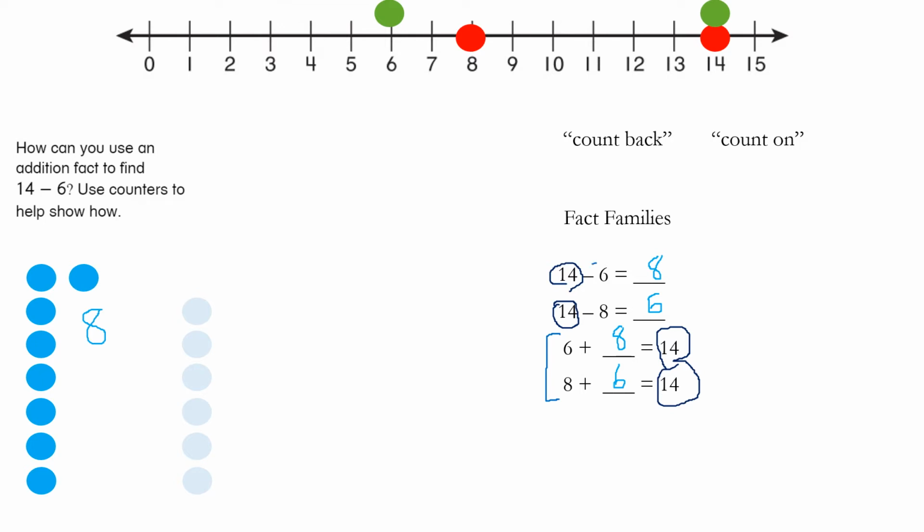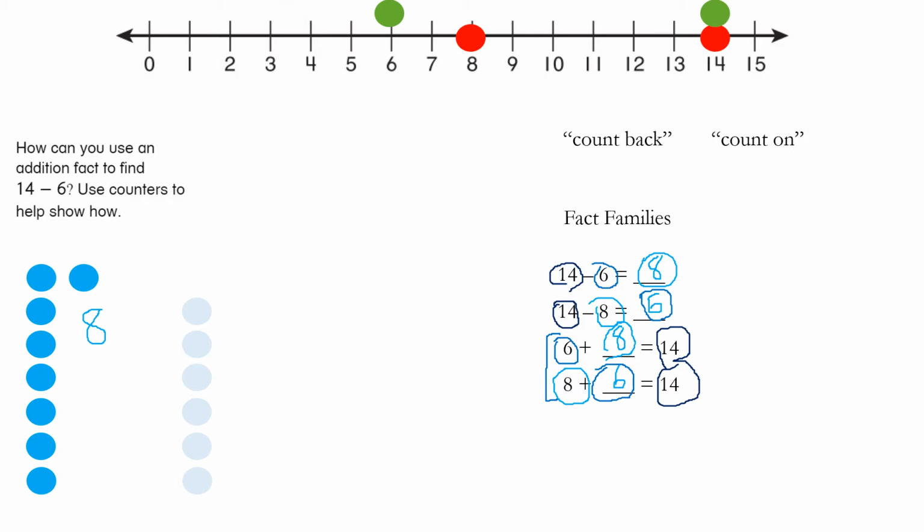And there's our 6 in each one, and 8 is also in each of these. Okay, so if we know our fact families, that's another way we can figure this out. And because we learn addition fact families before we learn subtraction, we can use the addition ones to help us figure out the subtraction. Does that make sense?